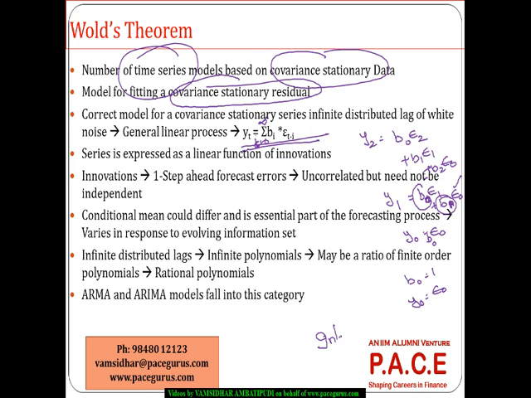And if I am trying to find out the sum of all the bi squares, it should be converging to something, which means this should be less than infinity. This is what Wold's theorem is saying, which means every process which is covariance stationary, you express it as a linear function of various errors, different time period errors, which are typically called innovations.